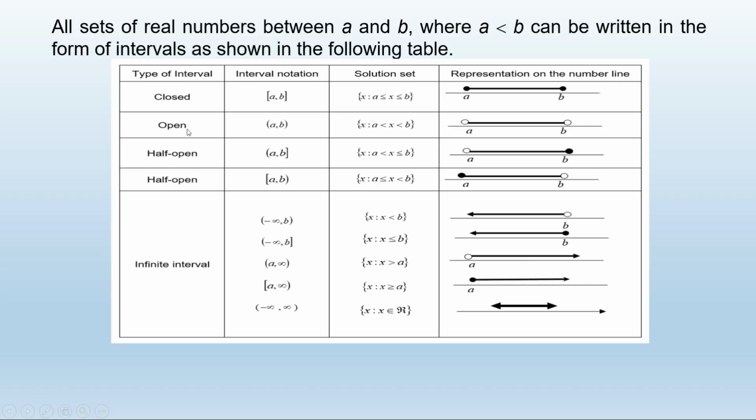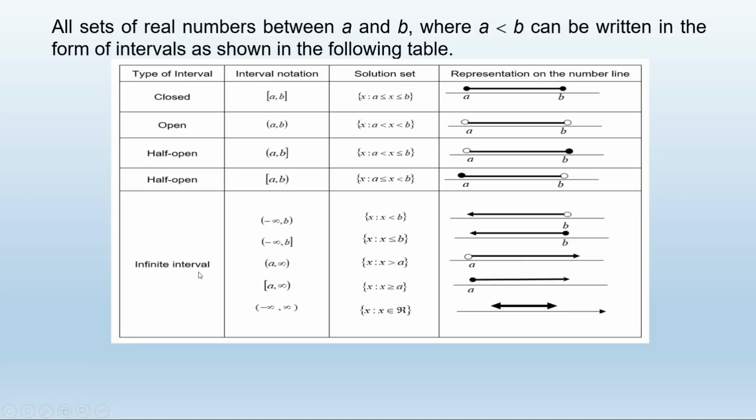For half open interval, interval notation from A to B, including A, solution set x where x is greater than or equal to A and less than B, we present on the number line. We draw from A to B, at A a filled circle, but at B an empty circle.